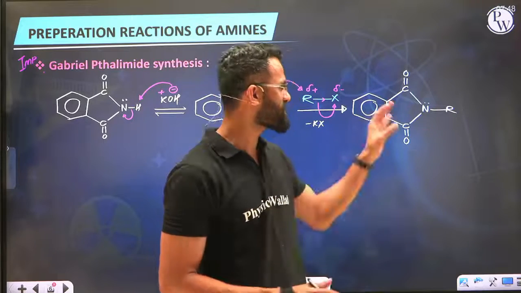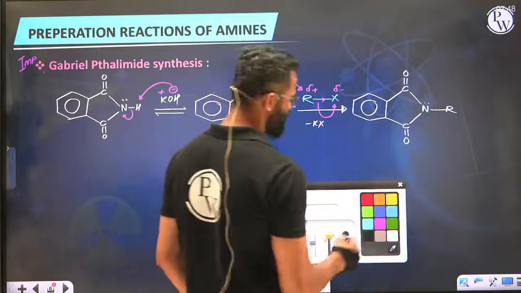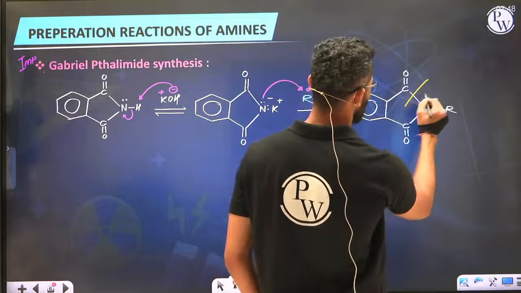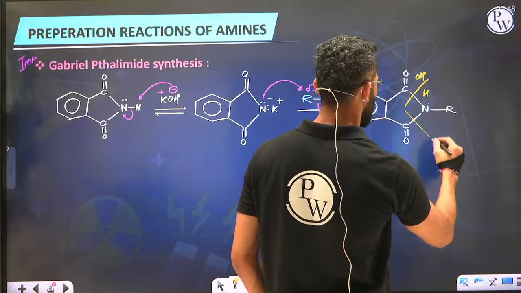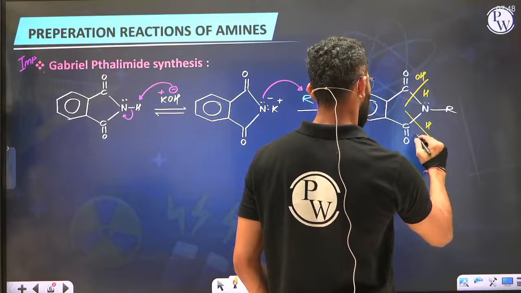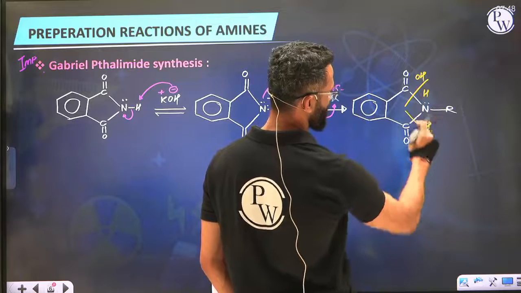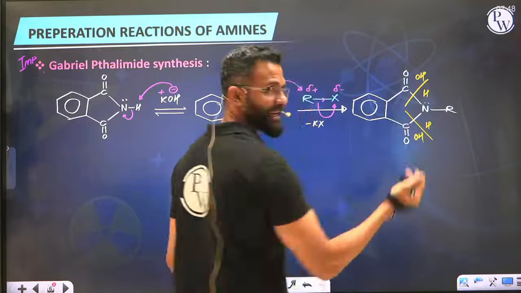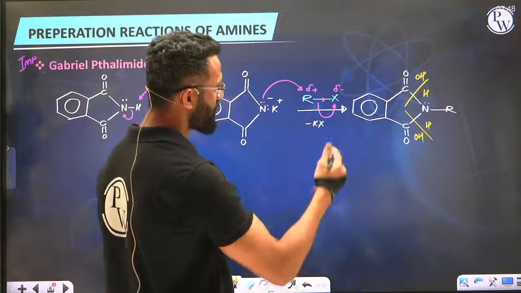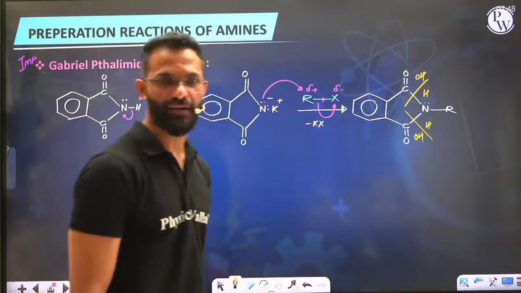Now this N-alkyl phthalimide is further converted to a primary amine in two ways. Either you can carry out simple hydrolysis of it. Imagine you carry out hydrolysis: this bond is broken using water, H and OH, and the same way for the other bond, H and OH. See what we get: RNH2, a primary amine, and COOH, that is phthalic acid. So one way of converting this molecule into an amine is by simple hydrolysis.